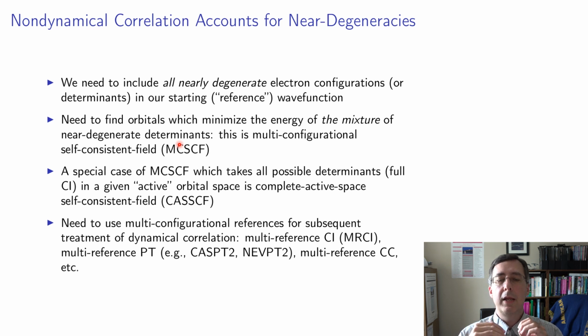Instead, people go ahead and pick some set of molecular orbitals, which they call active orbitals, and they'll just do all possible determinants that can be formed in that set of orbitals. And that's called complete active space self-consistent field. That is much easier to do than picking out a whole bunch of different determinants.